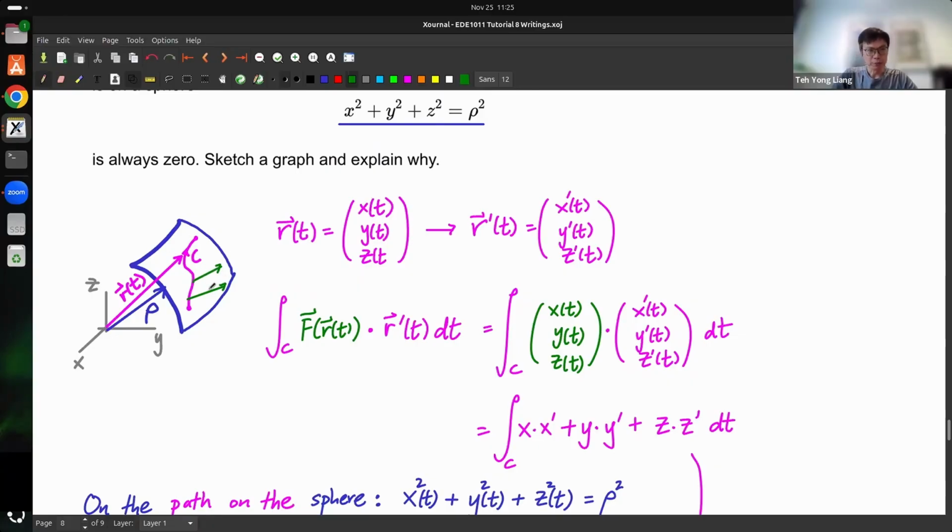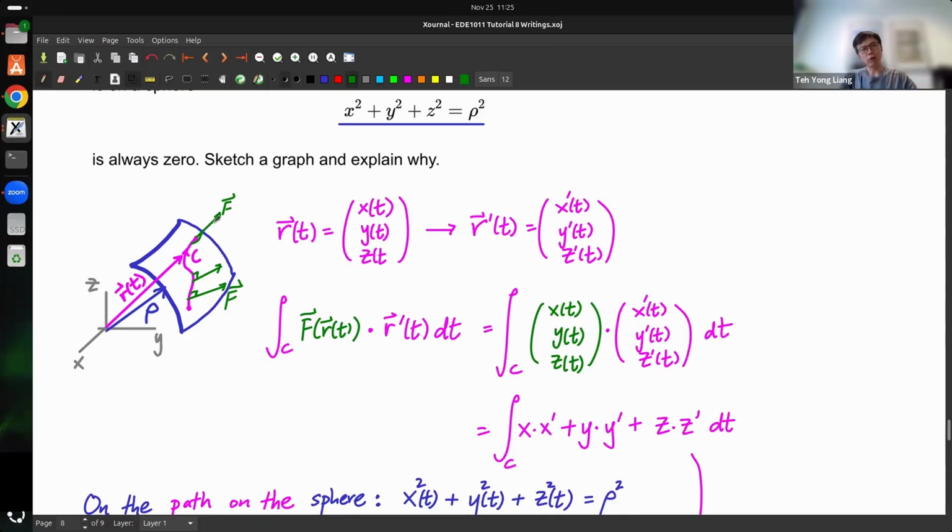That means you are always going to get perpendicularity between the field and the path. So your field F is always going to be perpendicular to the path. Maybe I draw one more, at this point. So this is your field F, and it's always going to be perpendicular to the path.